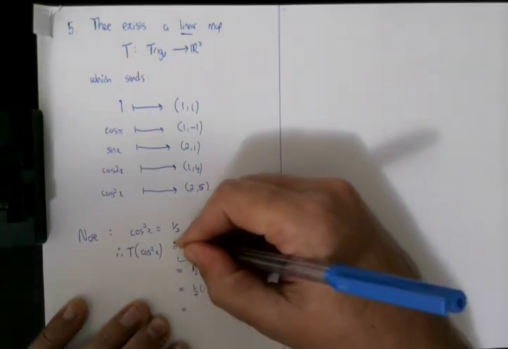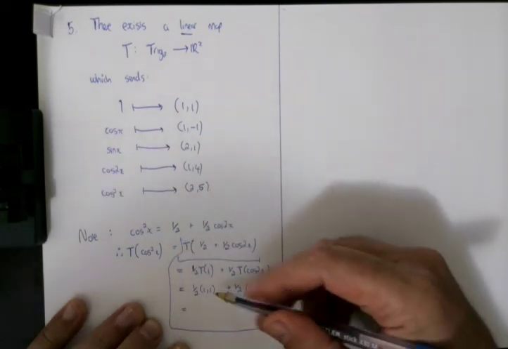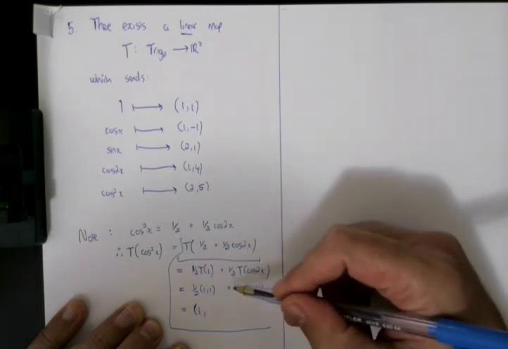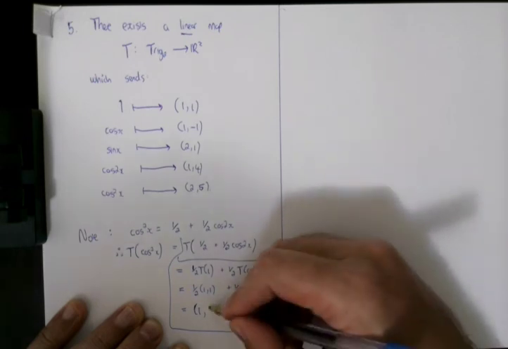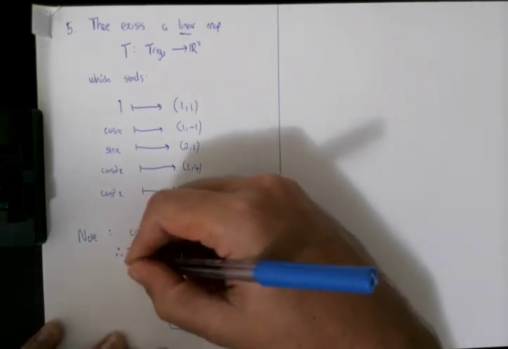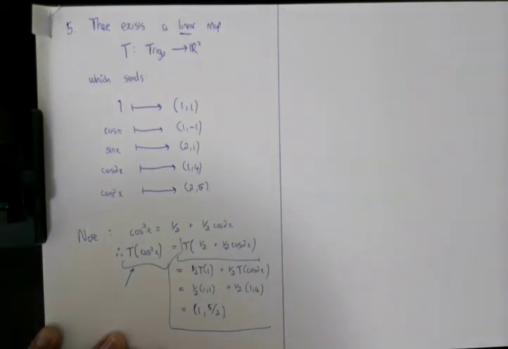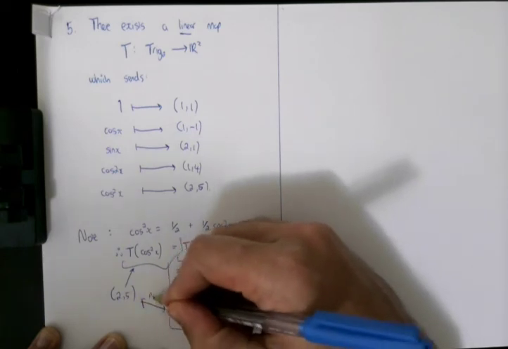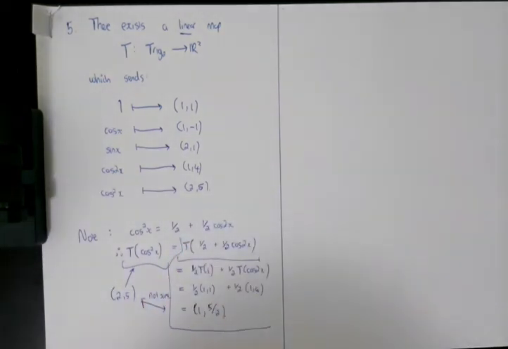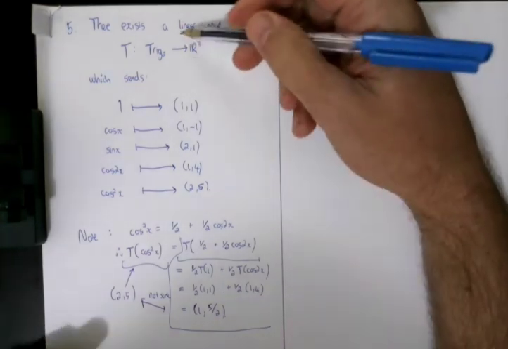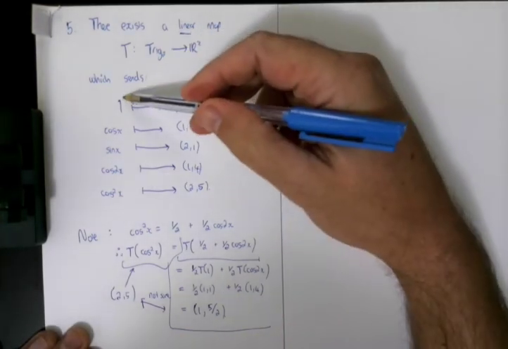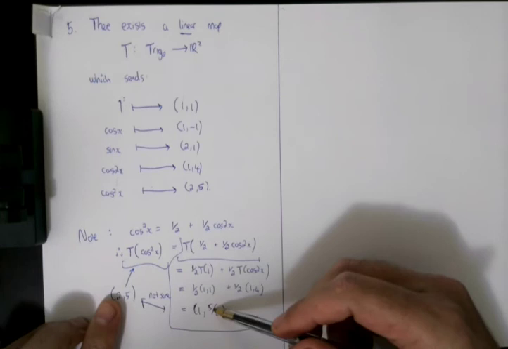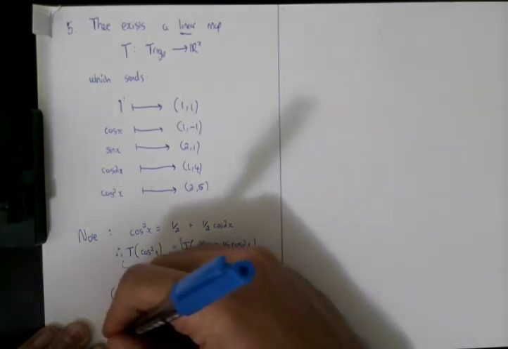So the right-hand side is half plus a half is 1, and half plus 2 is 2.5. On the other hand, the left-hand side is (2, 5). So these guys are not the same. So that's a contradiction, right? If there did exist a linear map which sent these vectors to these vectors, then these two vectors should be the same, and they're not. So therefore, T does not exist.